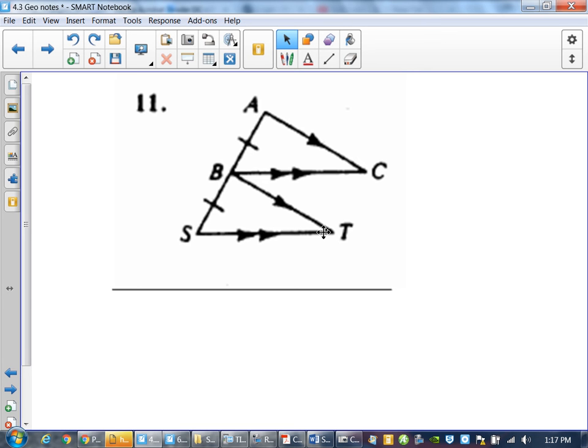We haven't done one yet that has parallel lines. And if you look at your progression sheet, if you are ever given parallel lines, it always said to look for angle pair relationships.